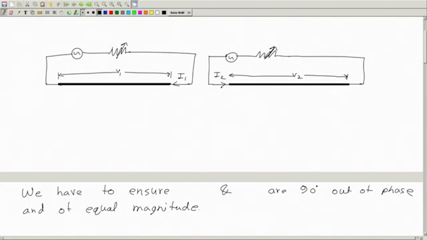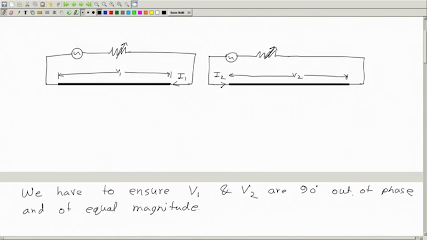The potentiometers have the same length. So let's ensure that V1 and V2 are 90 degrees out of phase and of equal magnitude. For that, basically you have to adjust this I1 and I2 somehow, here and here, to make I1 and I2 such that V1 and V2 are 90 degrees out of phase and of equal magnitude.